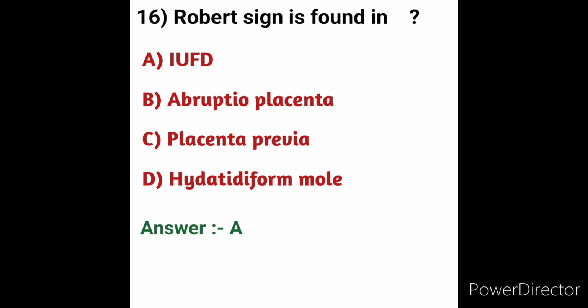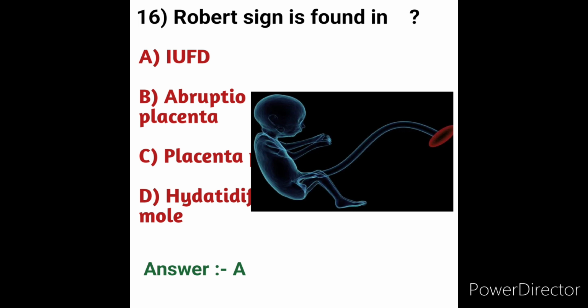Robert's sign is a rare sign caused by post-mortem blood degeneration. Usually we can see it 1 to 2 days after the death, and it may be seen as early as 12 hours after IUFD. We can find Robert's sign in IUFD cases. Option A is the correct answer.